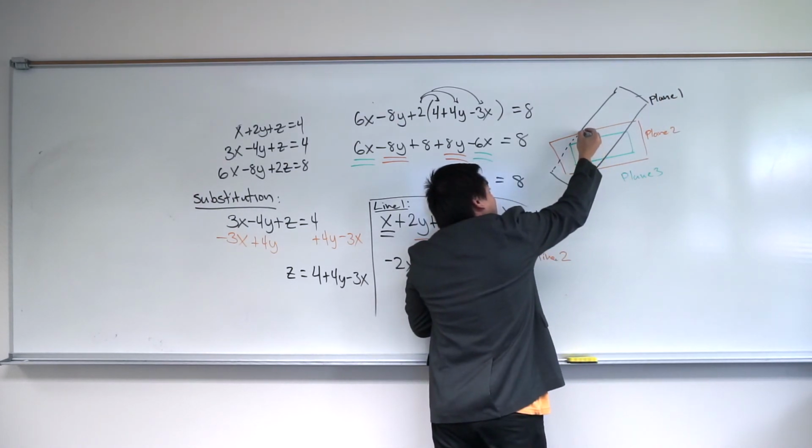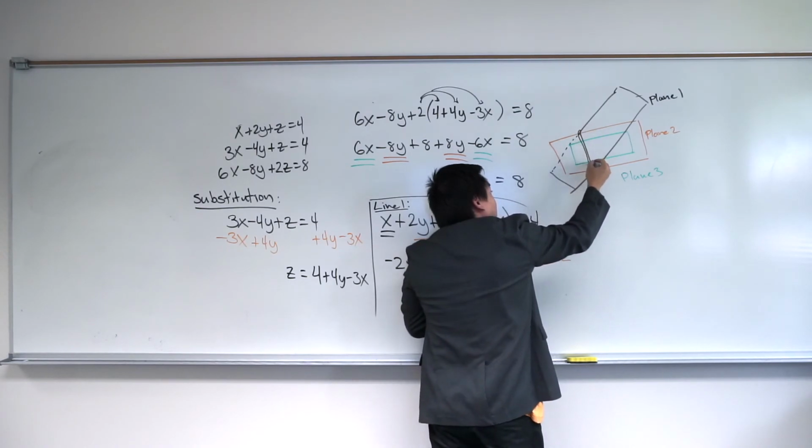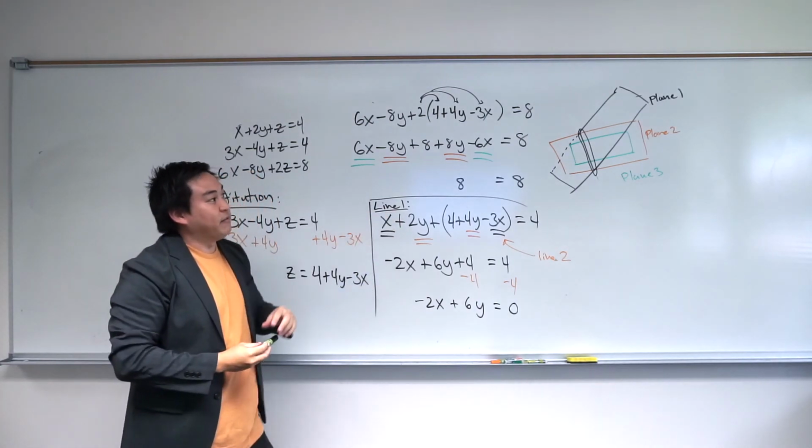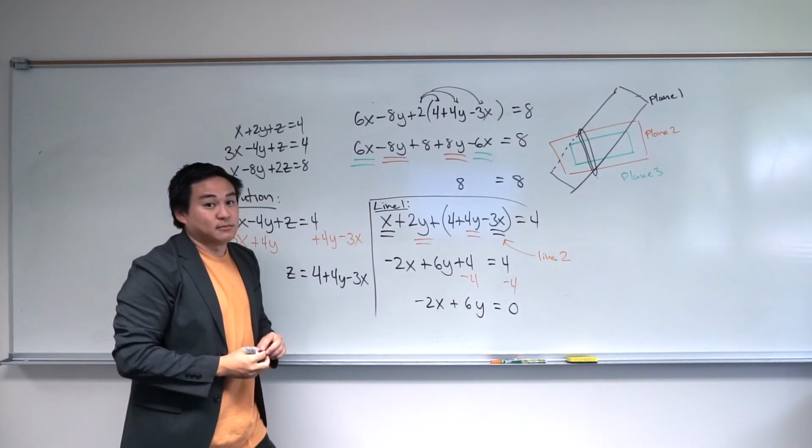And what it's doing is it's intersecting at this line. Right there. So hence, infinitely many solutions, they touch on that line.